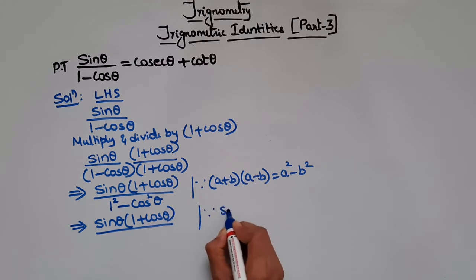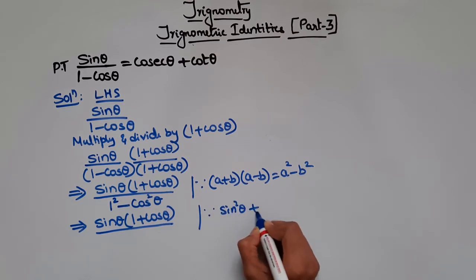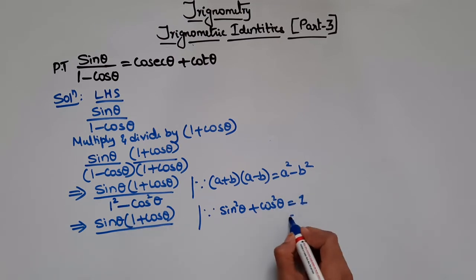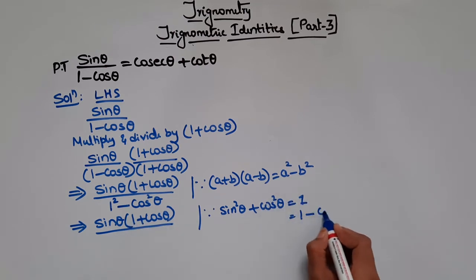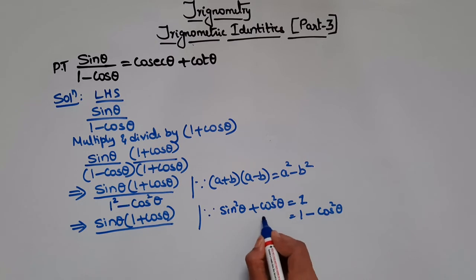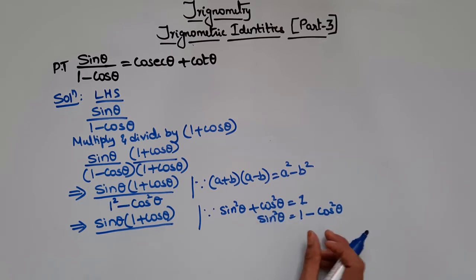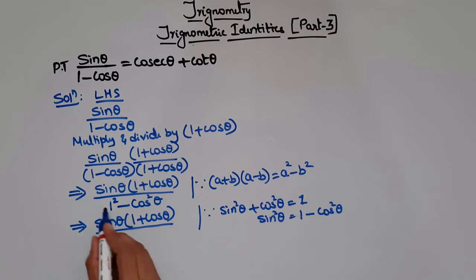can be written as, we know sin square theta plus cos square theta is equal to 1. So here we want 1 minus cos square theta, which is equal to sin square theta. So you can replace 1 minus cos square theta by sin square theta. So this can be replaced with sin square theta, right? So here 1 sine theta is gone.